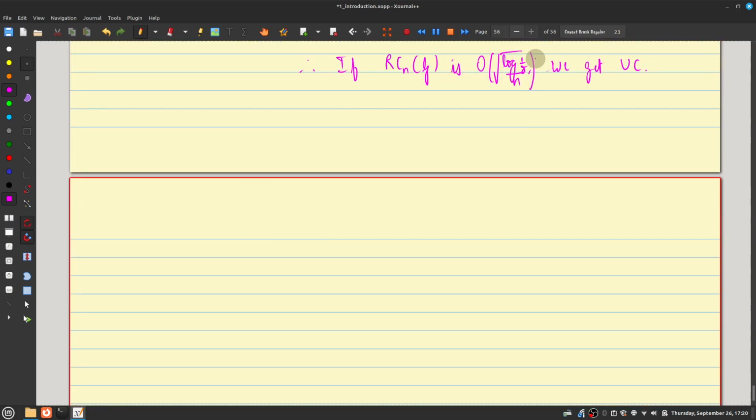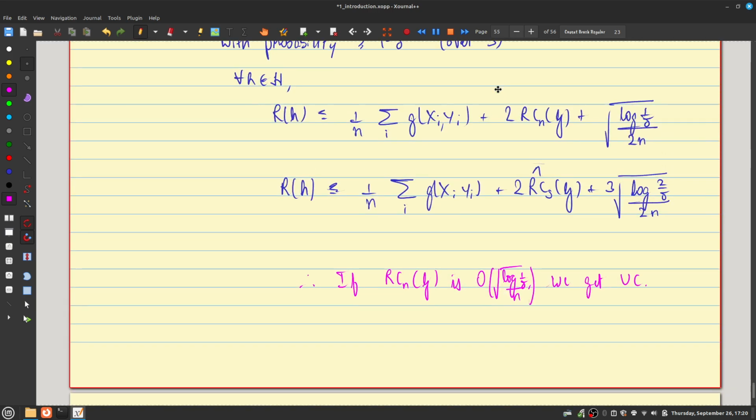So let's see how this particular bound would be helpful. If the Rademacher complexity is some constant times square root log 1 over delta by n, then this overall term would be constant times square root log 1 over delta by n.